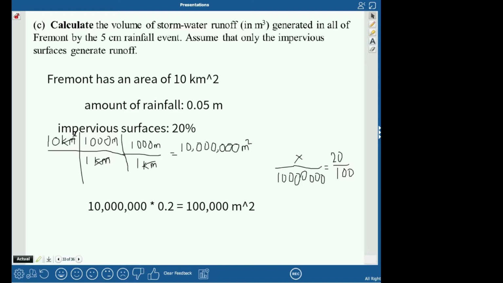Then I'm going to take that 100,000 and multiply it by my... okay. 10 million, 20% of that is actually not... I'm trying to copy it from the key.